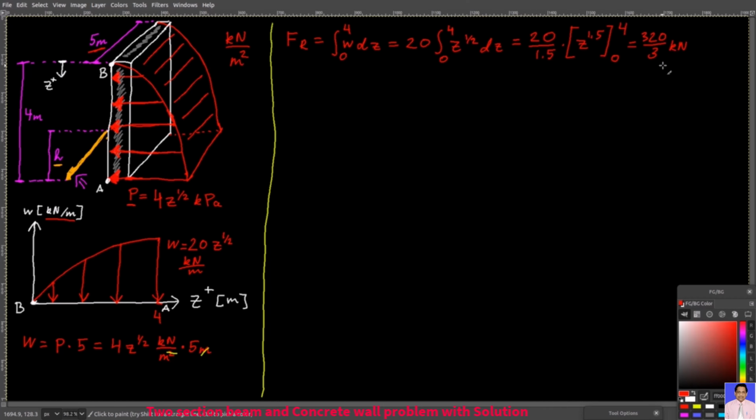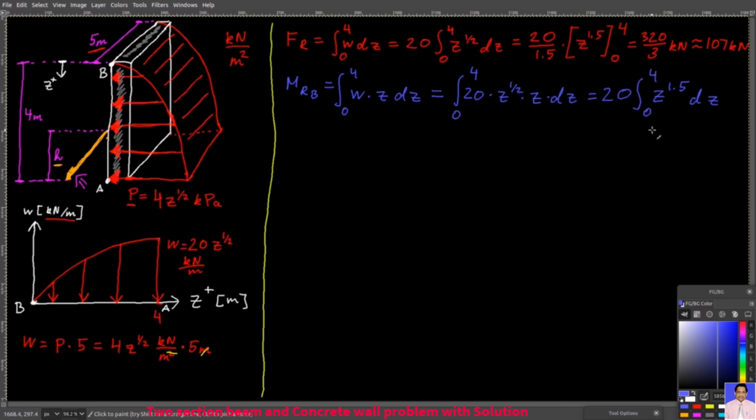So you will have this result, or approximately 107 kilonewtons. Then the total moment about point B due to this distribution is MRB equals, again you have your integral from 0 to 4, you have W times Z times dz, so that's your integral.